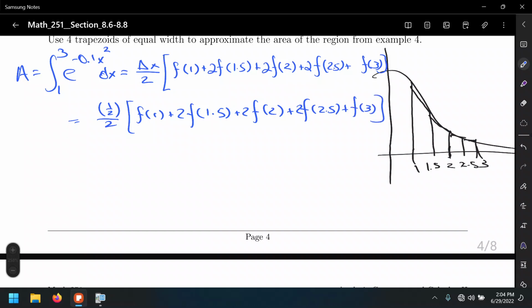But 1/2 over 2, doesn't that reduce to 1/4? Okay, so let's simplify this at the same time. That's a 1/4, and we're going to use that in our graphing calculator.